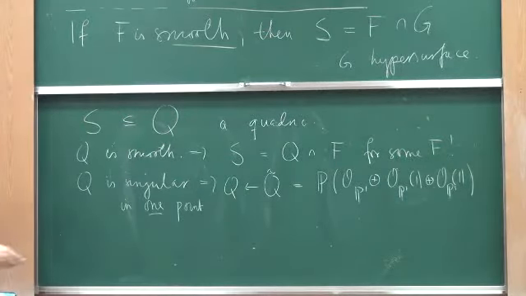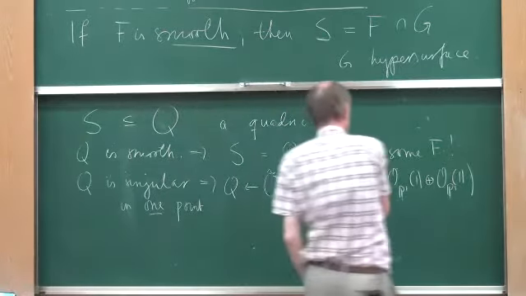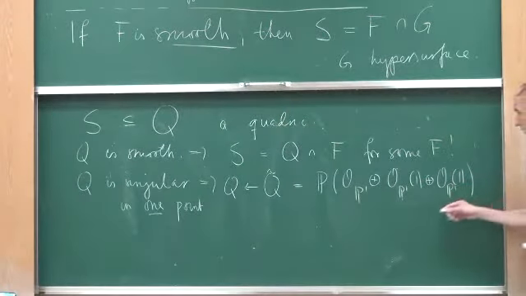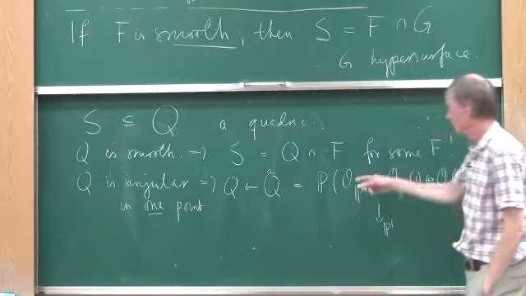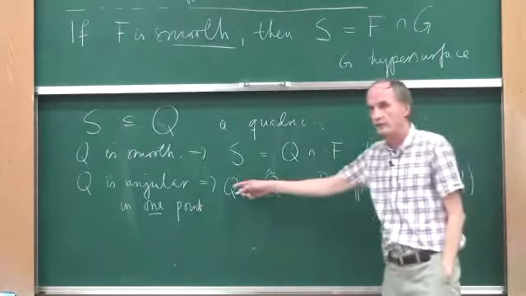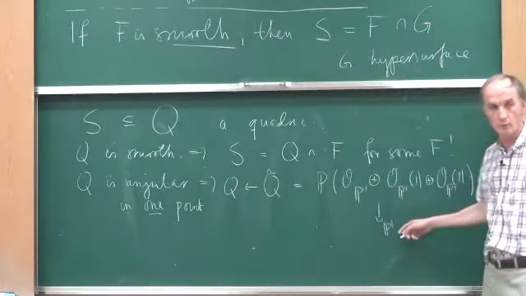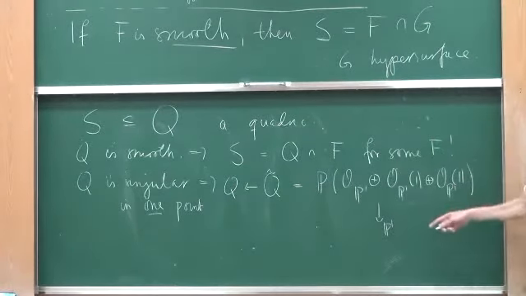Since this has a map to P1, the singular one does not have a morphism to P1, but when you blow up, you have a map to P1.